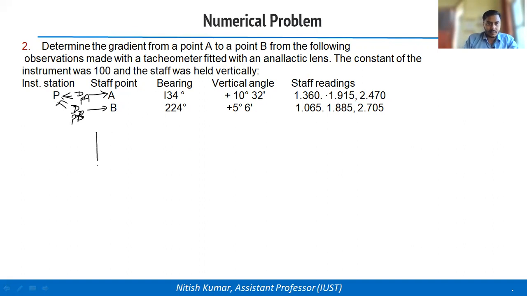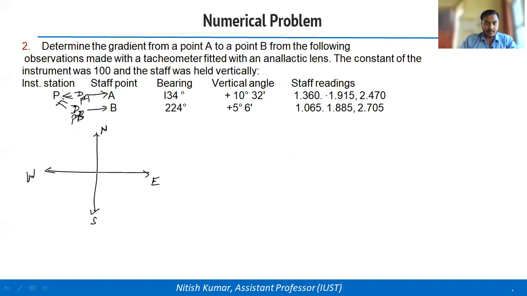So first, let's draw a figure. Suppose this is north, this is south, east. For A, the bearing is given as 134 degrees.